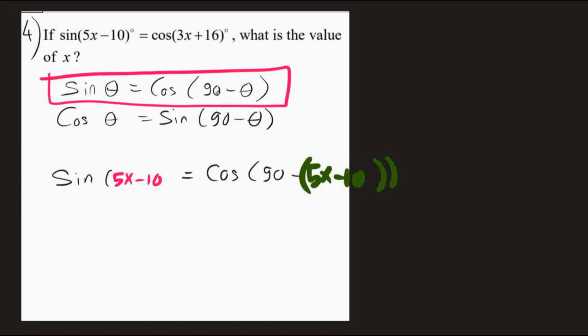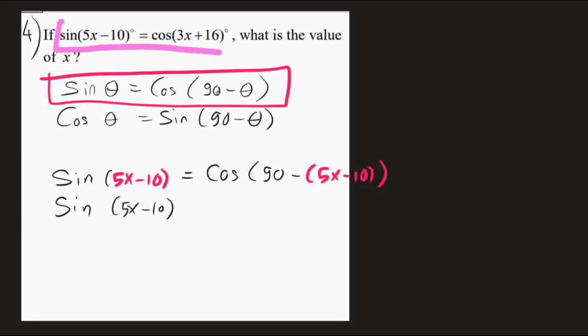Here I write that the theta is 5x minus 10. According to this formula, from the equation we have sine of 5x minus 10 equals cosine of 3x plus 16.